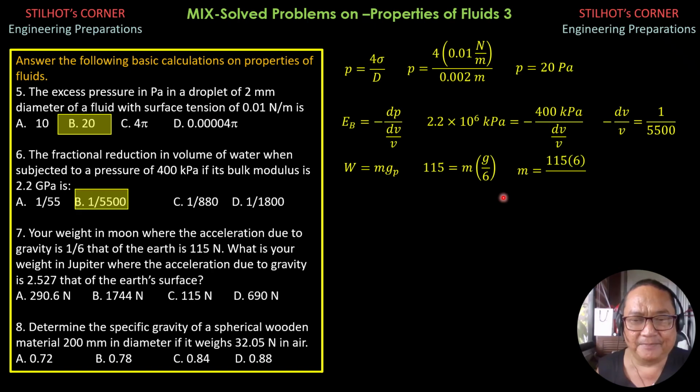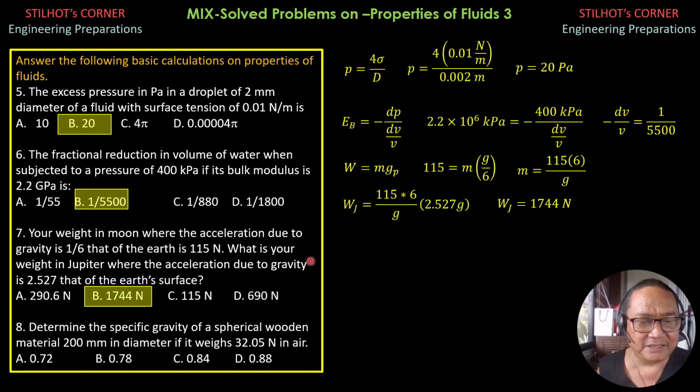So mass is 115 times 6 over g. Your weight in Jupiter is your mass times g of acceleration due to gravity in Jupiter, which is 2.527. Cancel out g. So we'll get 1744 newtons. So the answer is also letter B.